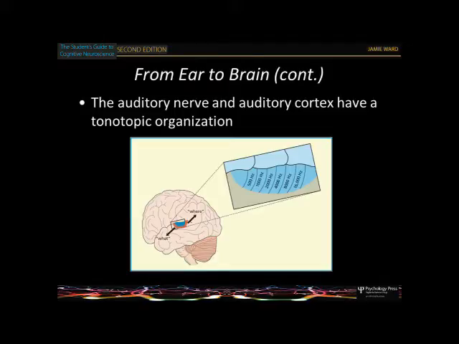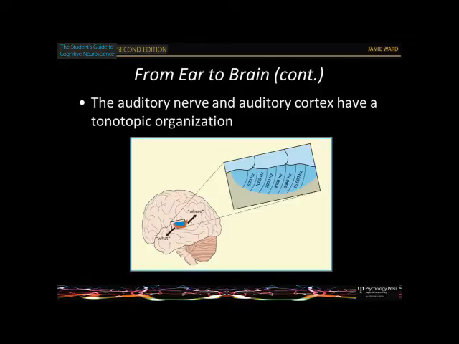In your hearing system, it's not organized spatially. It's organized what's called tonotopically, and it's almost as if you have keyboard-style representations in your auditory cortex. You've got some regions of your auditory cortex that respond to low pitch, some to high pitch, some to middle pitch. So you're dividing it according to this. Your left and your right auditory cortex have the same kinds of representations, but partly separated according to where things are in space.